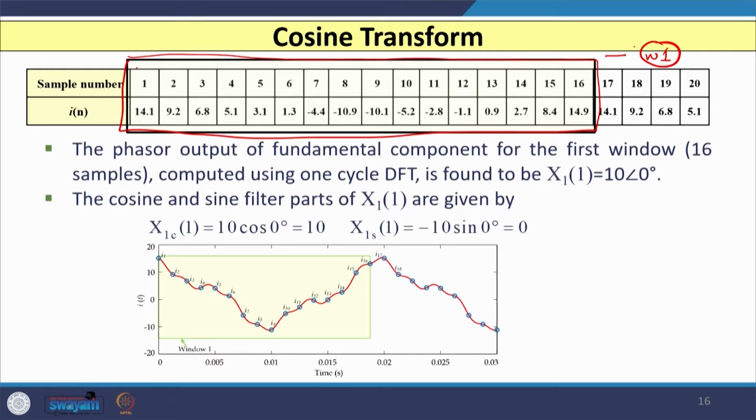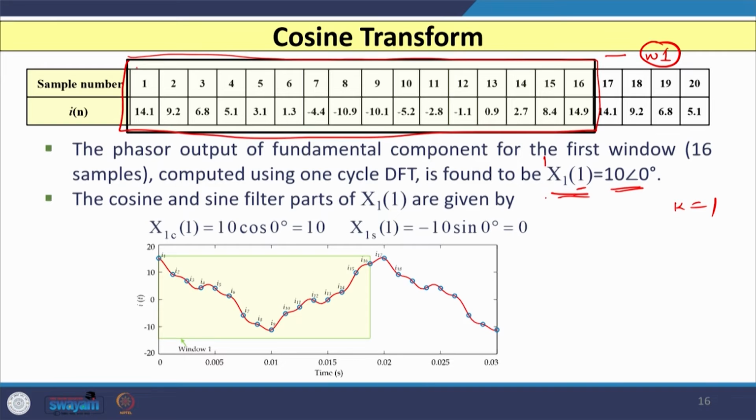When I consider window 1 containing 16 samples and calculate the phasor value of the fundamental term by putting k equal to 1, you obtain the value 10 angle 0.